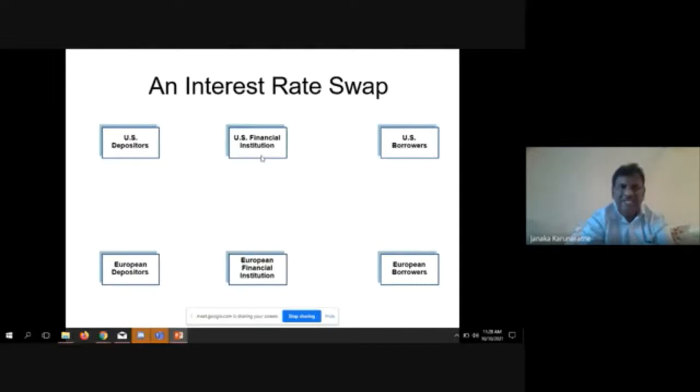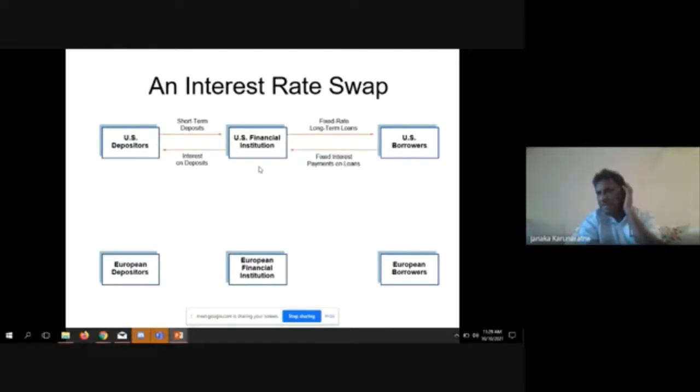The US financial institution has short-term deposits from borrowers and pays interest on deposits, and lends fixed rate loans and receives fixed rate interest payments, long term.